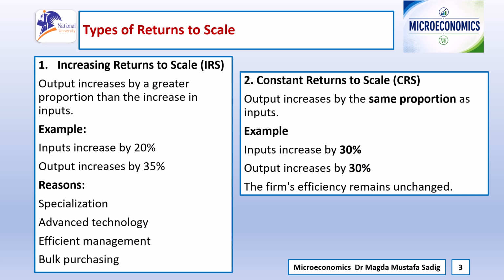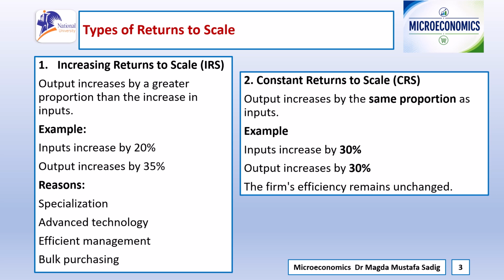Because the company becomes more productive. This usually happens because of better specialization, improved technology, efficient management, bulk purchasing. Example, think about Samsung. As Samsung produces millions of smartphones, production becomes increasingly efficient, reducing cost per phone.